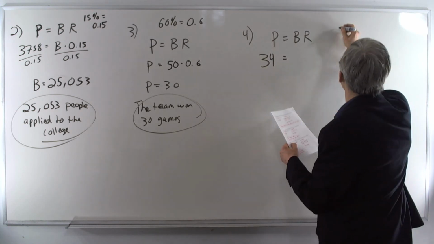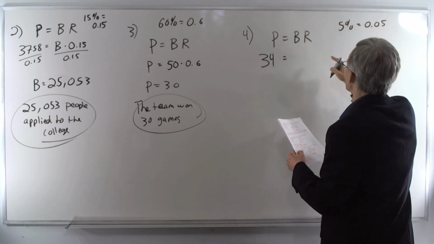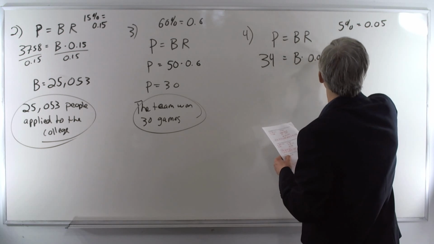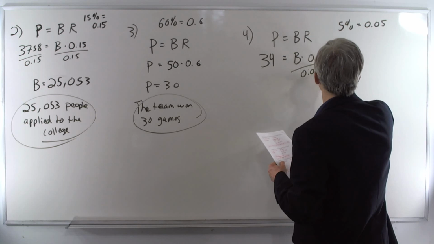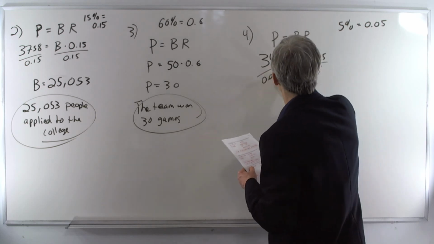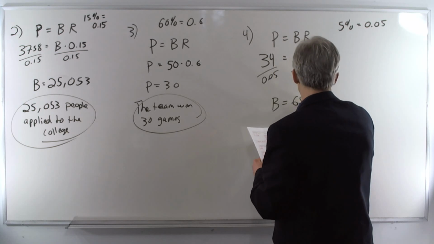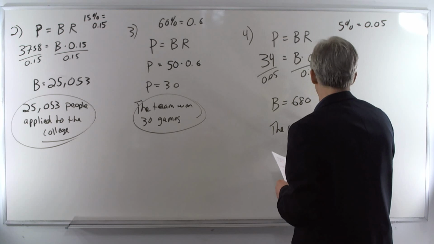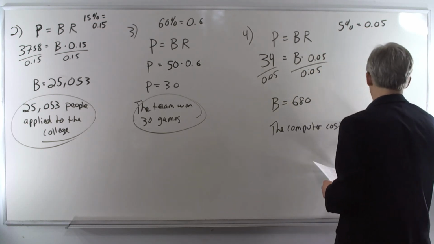And sales tax is 5%, so 5% is 0.05, so that's going to go in for R. And B remains a variable. Divide by 0.05, and we get B equals 680. So the computer costs $680.